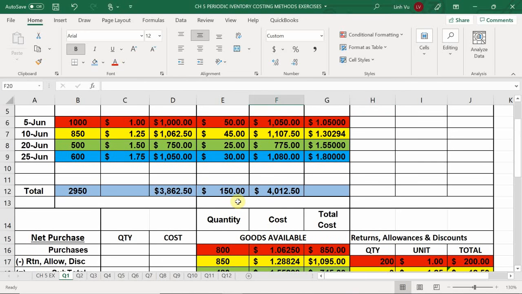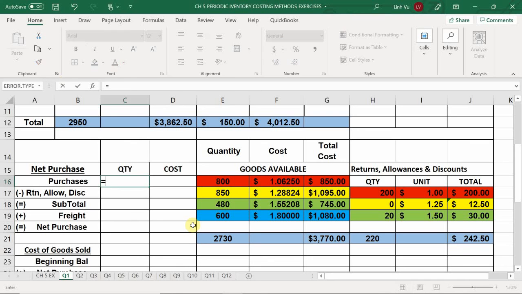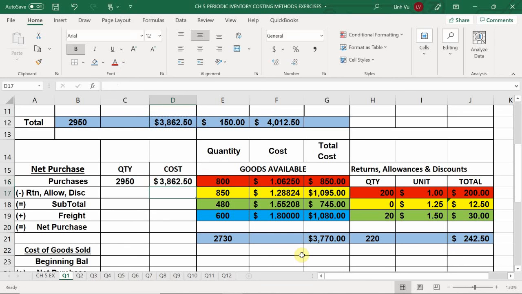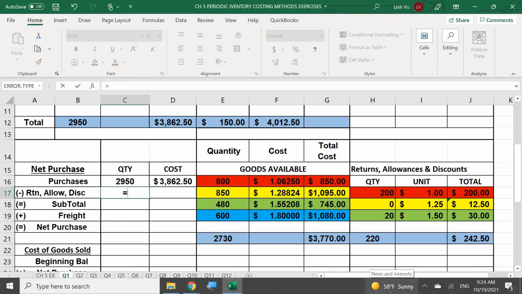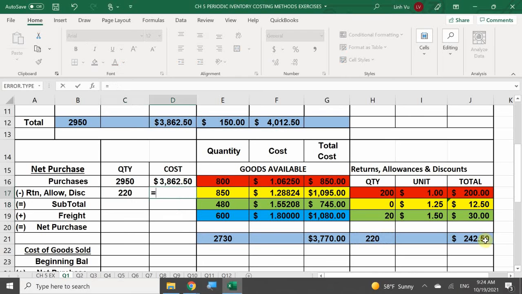Now let's go ahead and plug our numbers in and match them along the way. So first things first, let's solve for our net purchases. So in this case, we purchased a total of 2,950 units at a grand total of 3,862.50. This is where I have returns and allowances. This section right here is where we're going to plug it in. So in this case, I end up returning a total of 220 units at a grand total of $242.50.